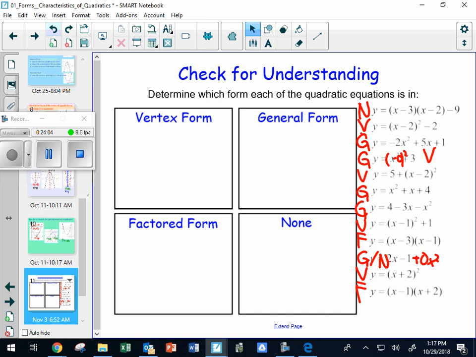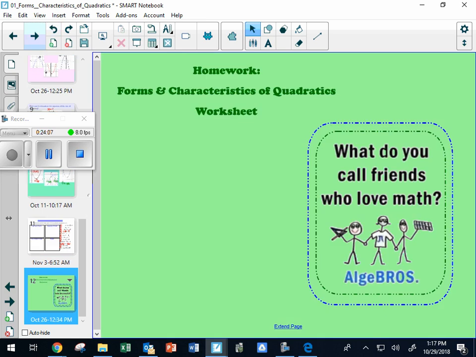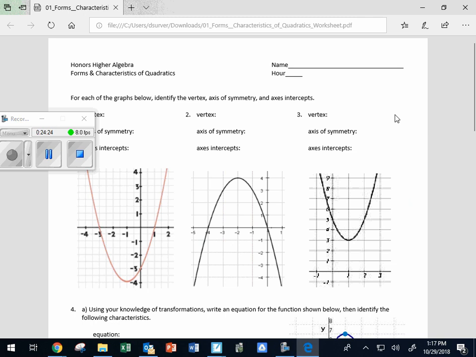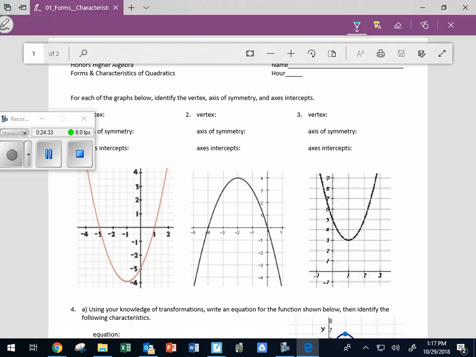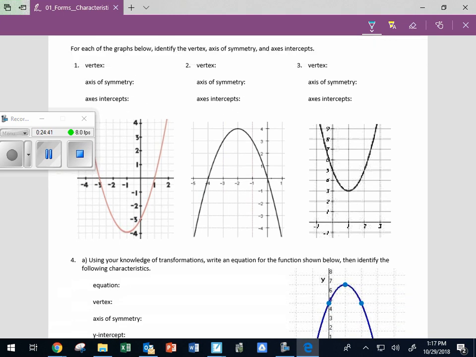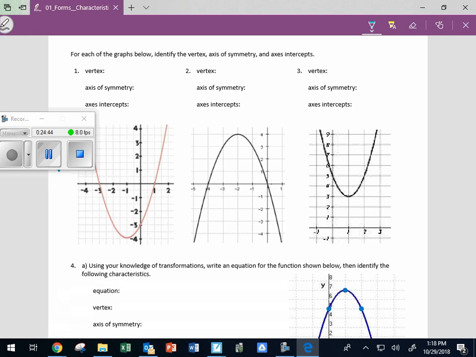But after this, we just have our homework. So if you want to pull up your homework, I will tell you which ones you can skip. For these first 3, you can skip this middle one.